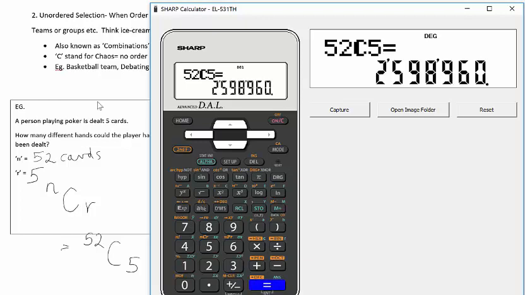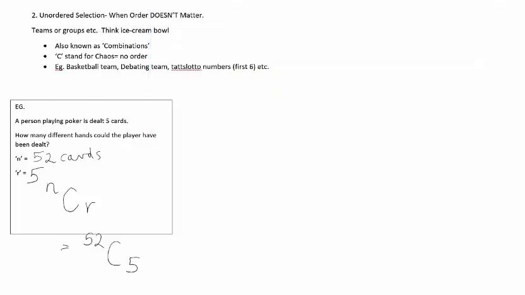Wow. This is why it's nearly impossible to win poker. So how many different hands could the player have been dealt? It looks like we have 2,598,960 different combinations of 5 cards in a hand.